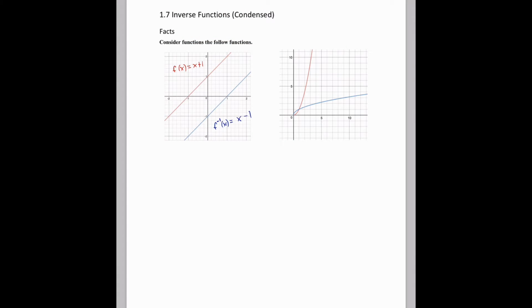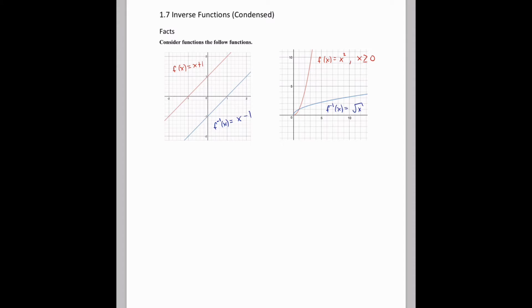The red graph is f of x equals x squared, the parabola, but only for x greater than or equal to 0. And then the blue graph is f of x equals the square root of x. And if you look here, this is actually the inverse of the other graph.